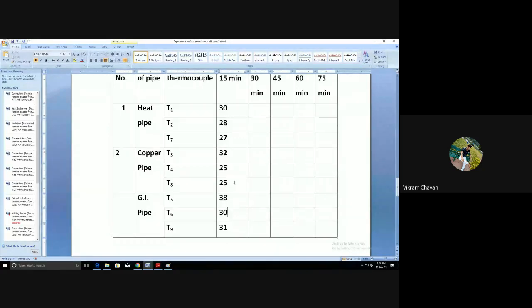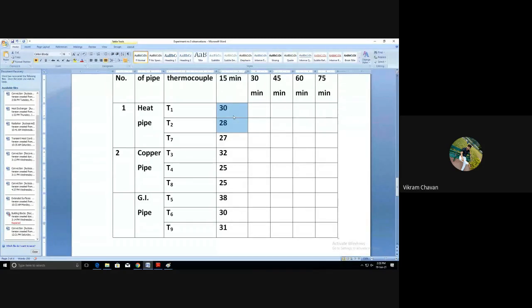So we can say that the heat pipe has maximum efficiency to transfer heat from the evaporative section to the condenser section as compared to the copper pipe and GI pipe. Did you understand?